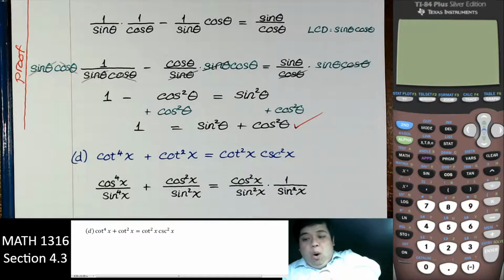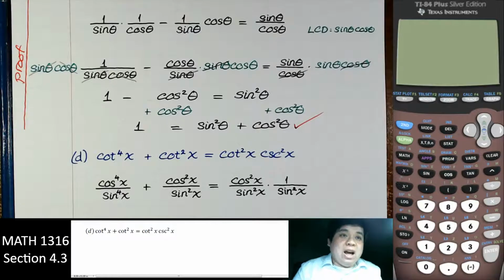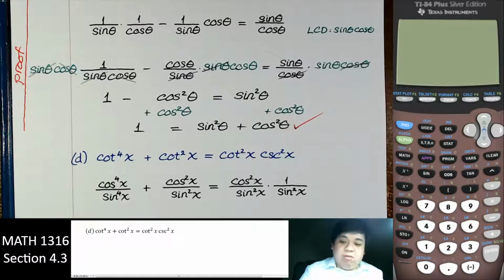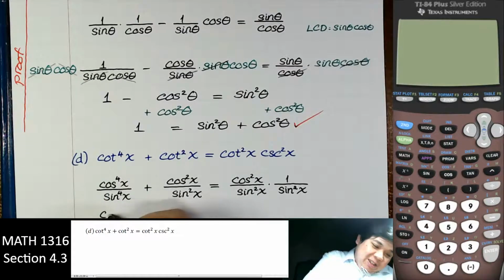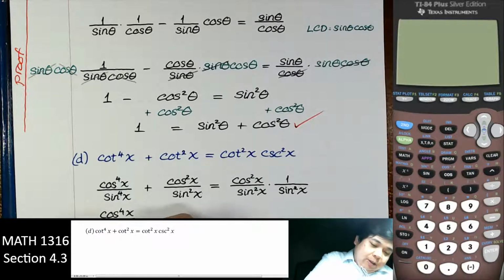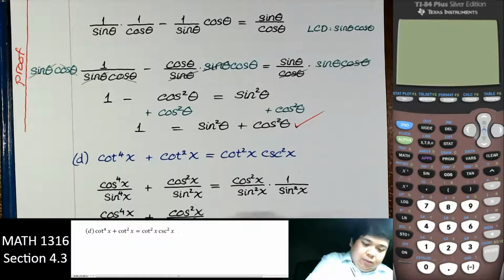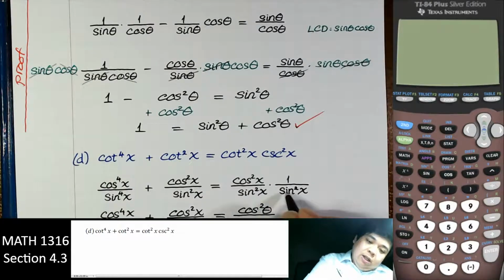So once we eliminate all the fractions, try to write that in terms of sine, cosine, right? When we do that, there are more fractions. And then from here I just say cosine square over sine square times sine square, sine to the fourth.